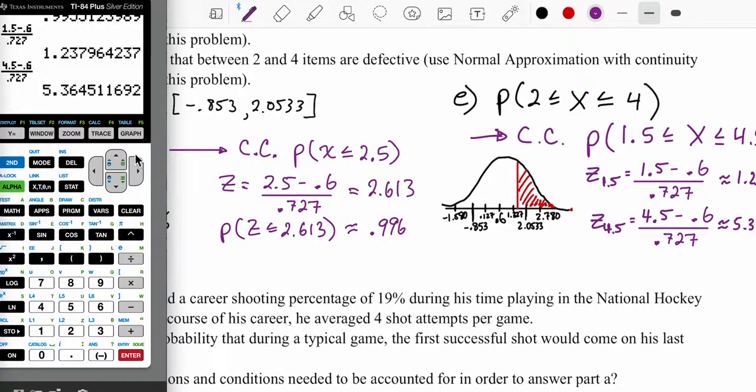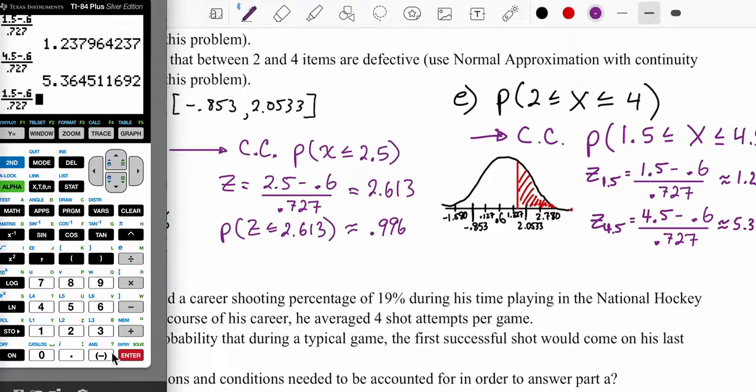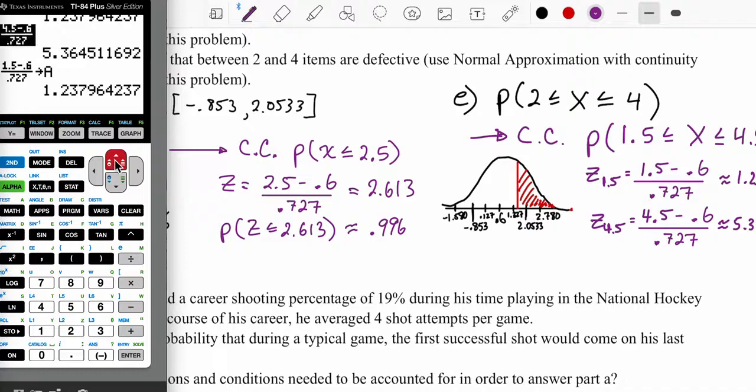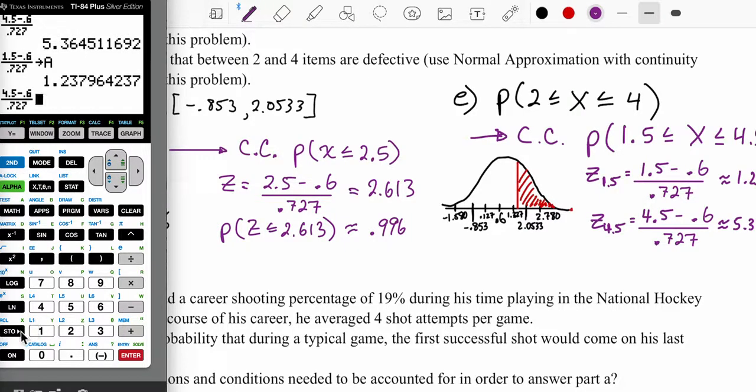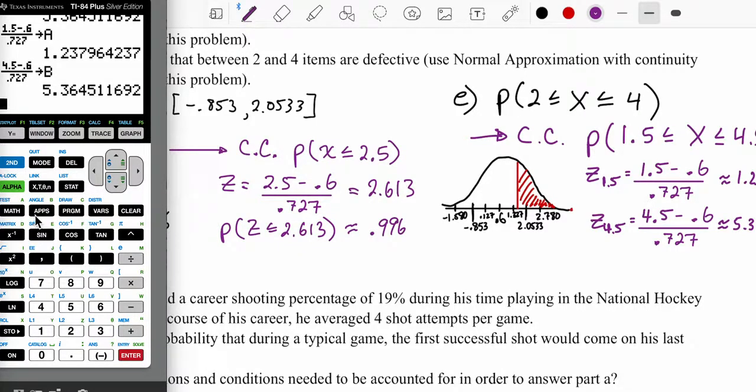All right, so what I'm going to do, just belatedly I thought of this, I'm going to store this one as A, and I'm going to store this one as B. Right next to the A is the B. All right. So when I do my normal CDF it should be a little bit more efficient. All right, so I'm looking for the probability that Z is between 1.238 and 5.365.